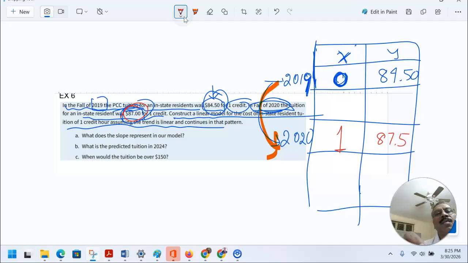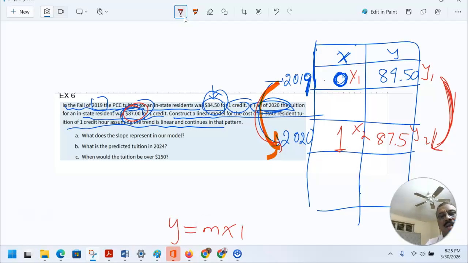Okay. So what you get is 2 points. This is your x1, y1, and this is x2, y2. So you want to know the rate of change from 2019 to 2020. So our goal is to figure out what y equals mx plus b is. So the question is, what does x stand for?